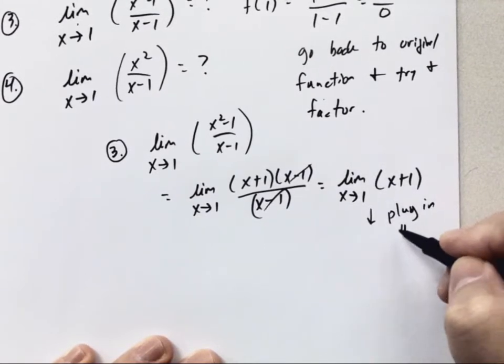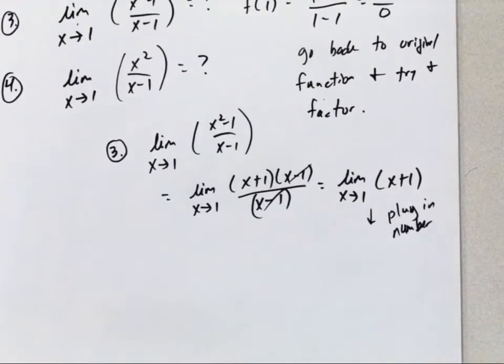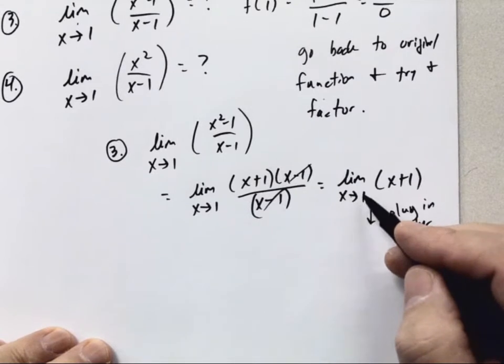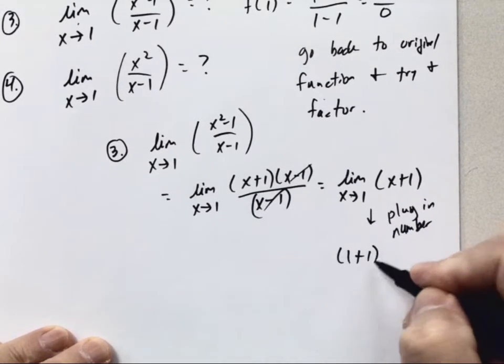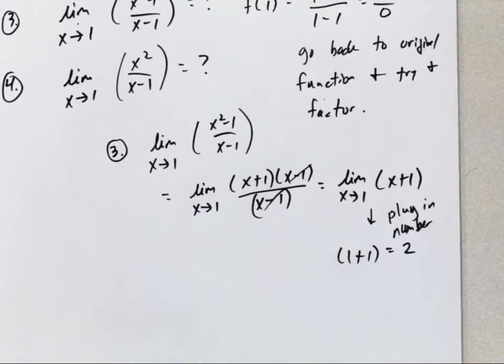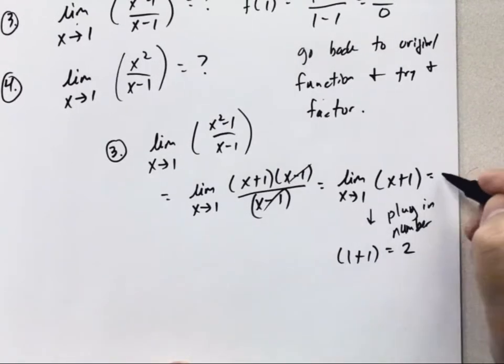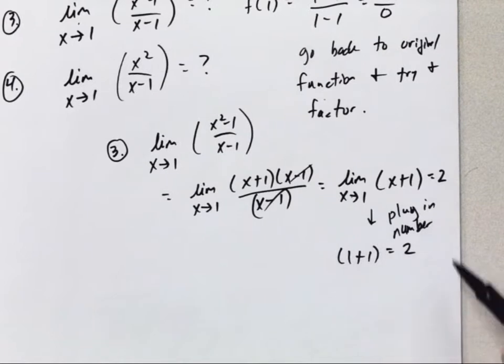I'm going to plug in the number again. So in this case, as x approaches 1, let's plug in 1 for x. You end up with 2. And since it's a number, we can stop and we're done.